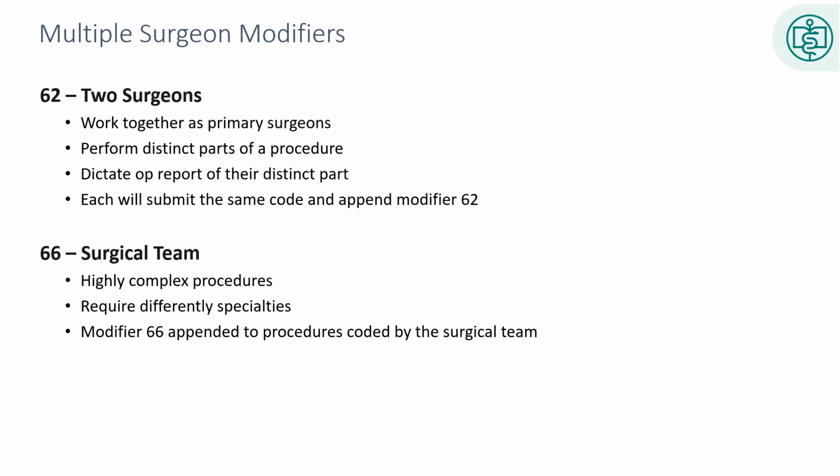Unlike modifier 62, which is used when two surgeons work together as primary surgeons on a single procedure, Modifier 66 is used when one surgeon is the primary surgeon and the others are assisting in some way. The assisting surgeons may perform tasks such as providing exposure, retracting tissue, or holding instruments, but they do not perform a distinct and separate portion of the procedure.